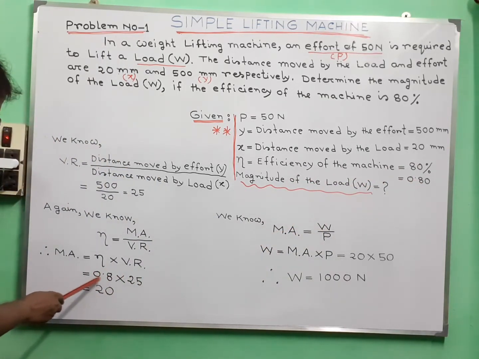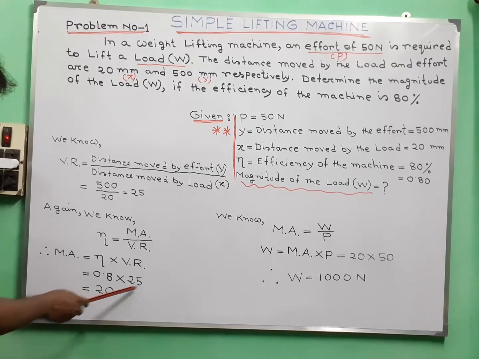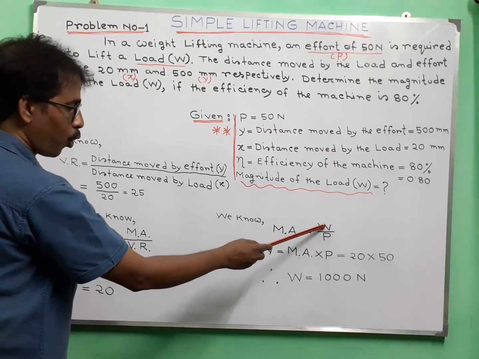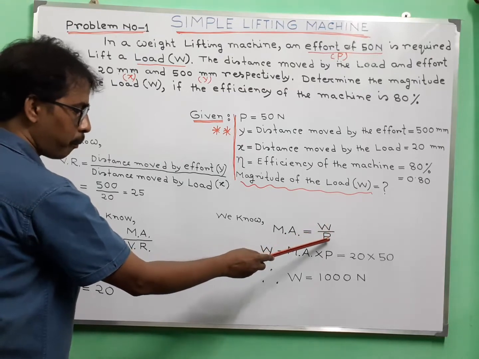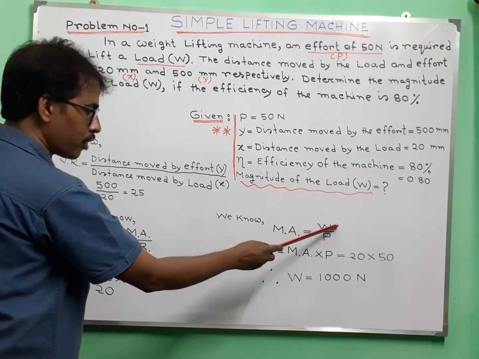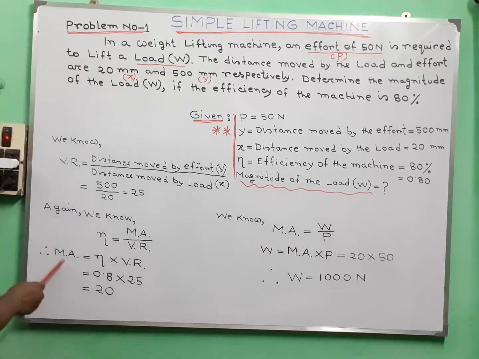Here we place 0.8 into VR, VR equal to 25, equal to 20. Mechanical advantage means W by P, load lifted in Newton by effort applied in Newton. So mechanical advantage has no unit.